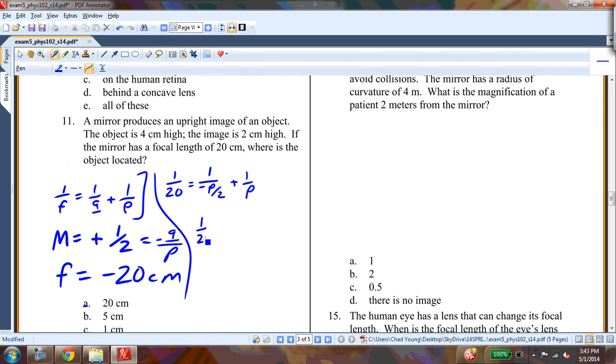So 1 over 20 equals negative 2 over P plus 1 over P. And so 1 over 20 equals negative 1 over P.